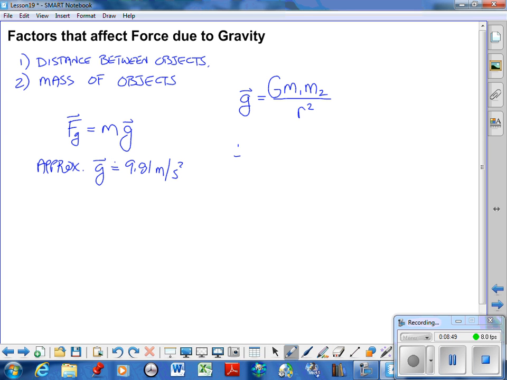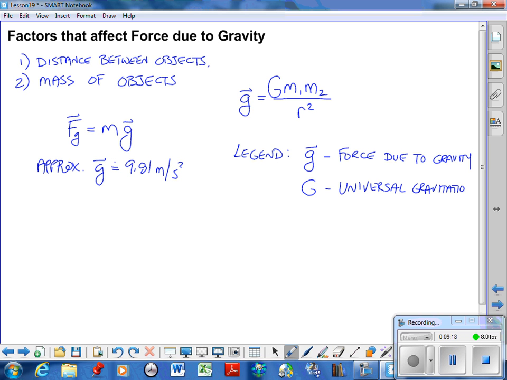So what is our legend? Small g is our force due to gravity. Capital G is our universal gravitational constant.